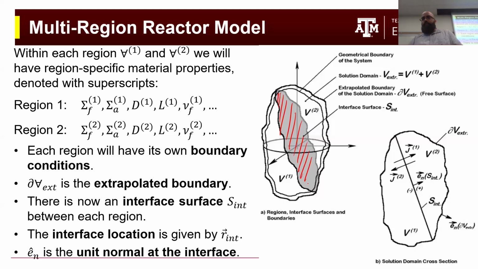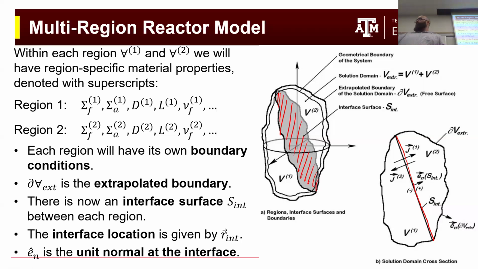This would be the surface over which those two regions are touching, and that's illustrated as a straight line right here. That's the interface between region one and region two. And at that interface, there's a unit normal that points outward, perpendicular to that surface. That's e hat n, and it's at some location r_int, which is the interface location.